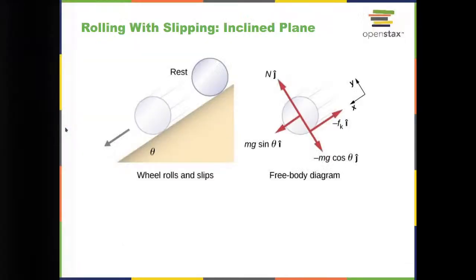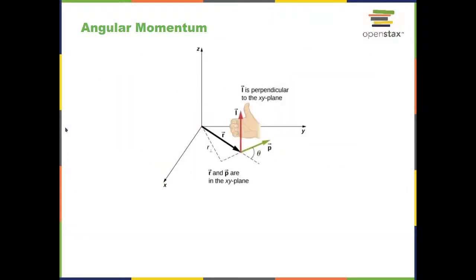So if we have a point moving with a linear momentum vector p in this direction, at a position r away from the origin, we can calculate the angular momentum around the origin using the right-hand rule and taking the cross product. That gives an angular momentum pointing out of the plane along the z direction.